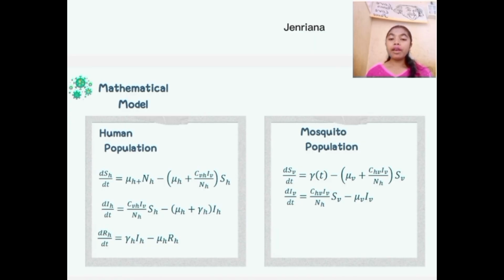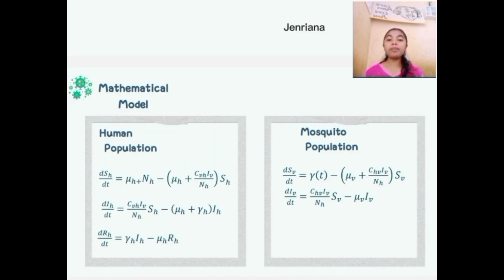Next, we have the equation for mosquito population. We also have two equations here, one for susceptible mosquitoes and one for infected mosquitoes. What I want to emphasize here is the function gamma t that you can see in the first equation for mosquitoes. Gamma t is a function that changes over time.